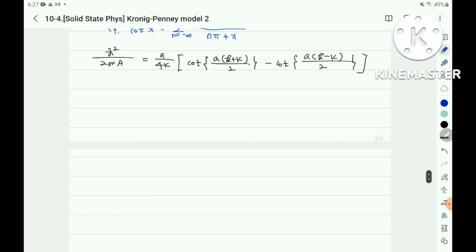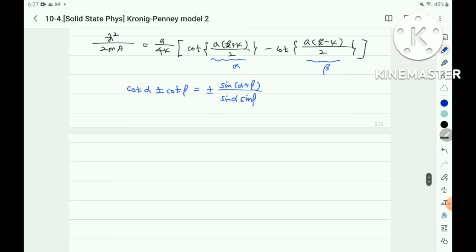Let's call this alpha and this beta, and we use that cotangent alpha plus or minus cotangent beta is plus or minus sine alpha plus beta over sine alpha sine beta. And here alpha plus beta is ak, alpha minus beta is ak.